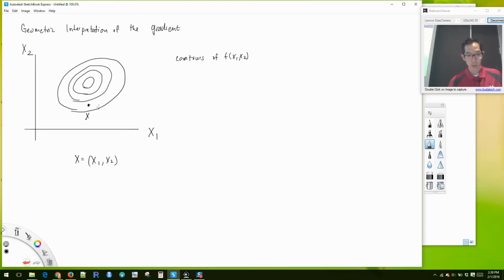Okay, you can have basically this is delta x1, and you would have a delta x2. And so this takes us over to the point x plus delta x1, x2, and this would take us over to x plus delta x1 comma x2 plus delta x2.